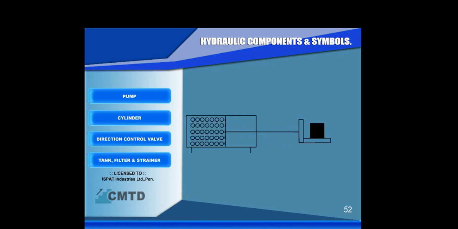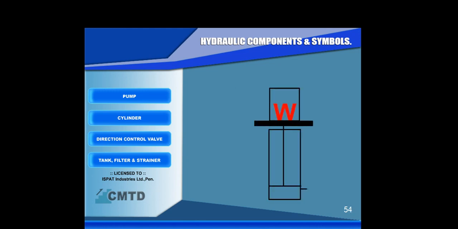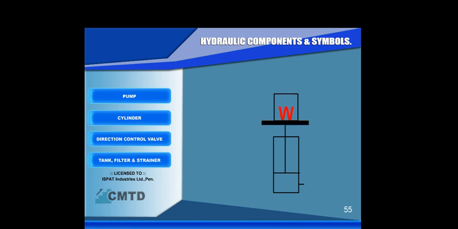Oil can enter into any one of the two ports. The piston can move forward and retract with oil. So this type of cylinder is called a double acting cylinder. Sometimes vertical cylinders are used to lift a load. When oil enters the bottom of the cylinder, the piston is pushed up.